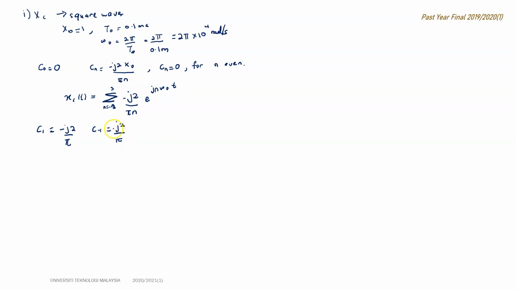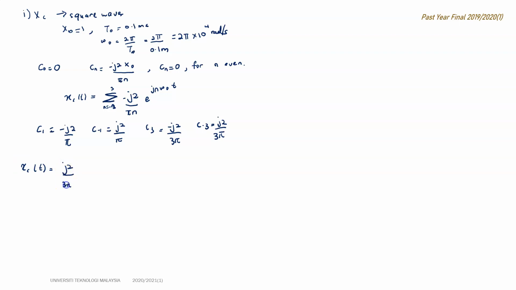The negative is gone because negative divided by negative 1, which is n, is positive. So C3 is equal to negative j 2 divided by 3 pi, and C negative 3 is equal to j 2 divided by 3 pi.